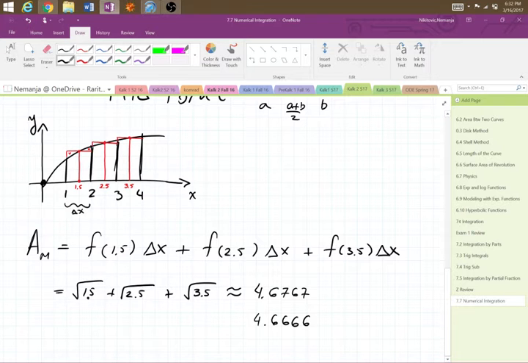Nice. So how do we deal with midpoint? You go into the interval and you find where the middle is in between the 2 points and you compute at those values.